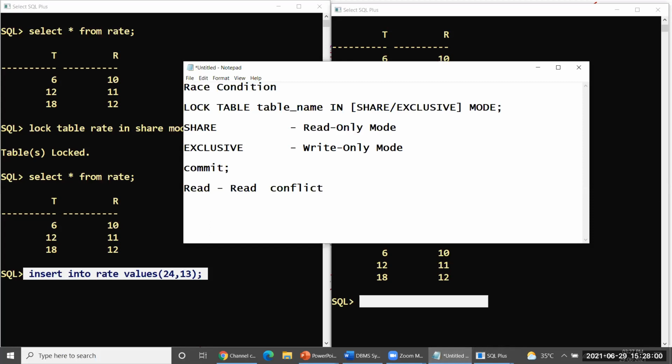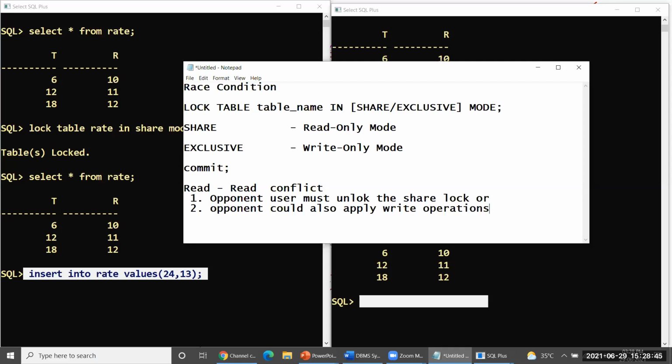First, the second person, who has not yet performed any write operation, the opponent user must unlock the share mode lock. Second, either of these two, not both, or the opponent could also apply write operations.